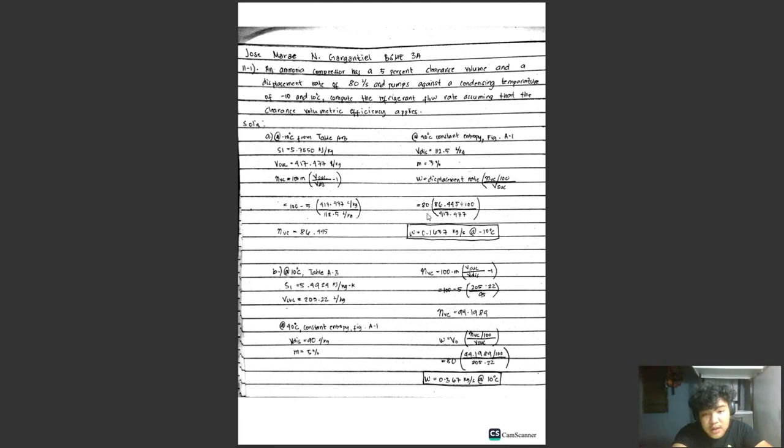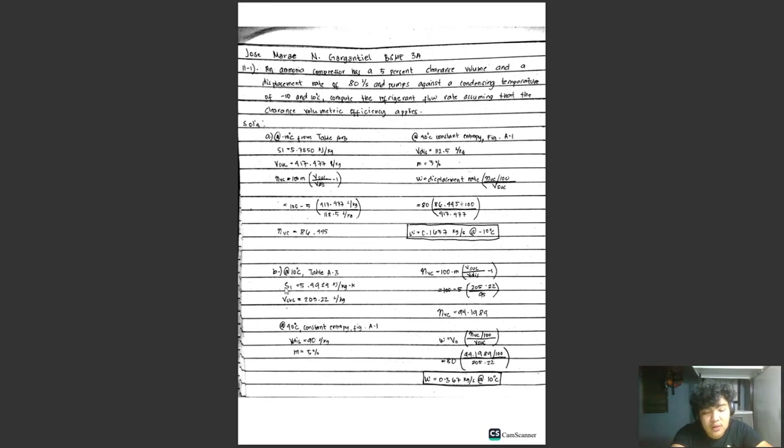Substituting the values, our flow rate for -10 degrees Celsius is 0.1657 kilogram per second. So this is our flow rate at -10 degrees Celsius.